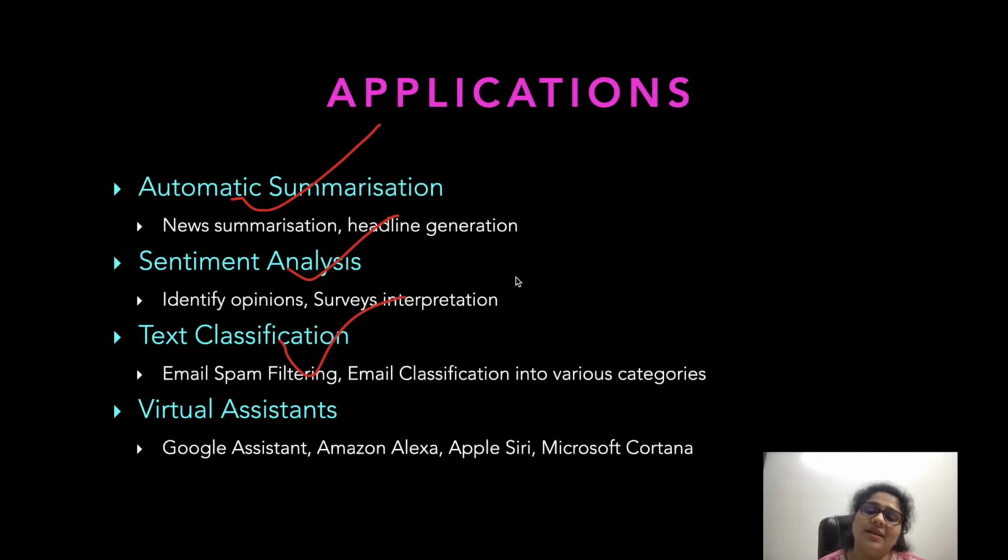Or if there is any promotional email coming to your inbox, let's say some company is sending you an email for promoting their products, right? So that will go into your promotion category. All right. And the normal emails, which don't fall into social or promotion, will come to your primary inbox.